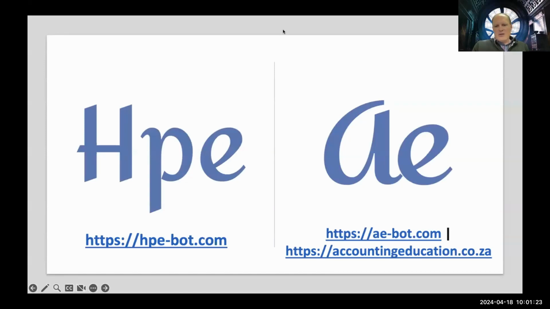I just know that on our university firewall, for some reason, the first link doesn't always work successfully, but it takes the link with the .co.za, and then the HPE bot is the health professions bot that we worked on with Lambert. So you're welcome to explore these now or later on and see what you think of them, and if they give you any inspiration for developing your own or for uses with your students.